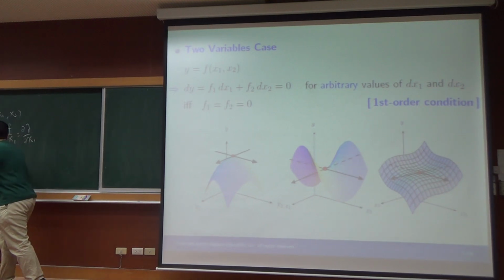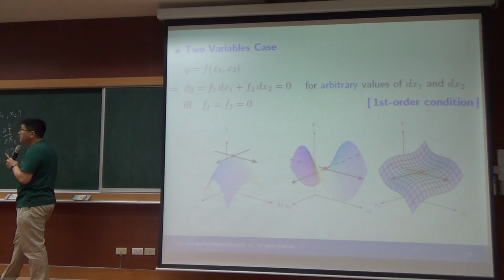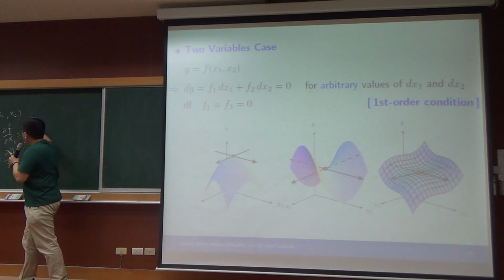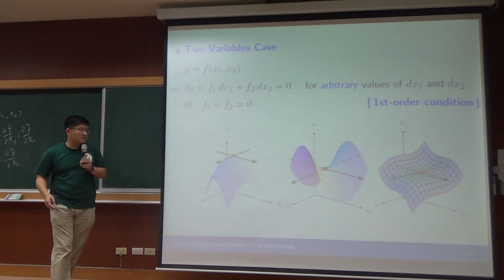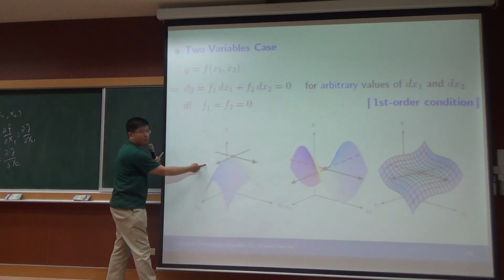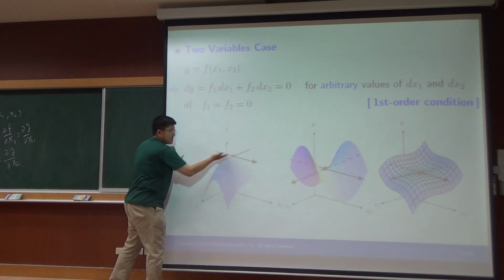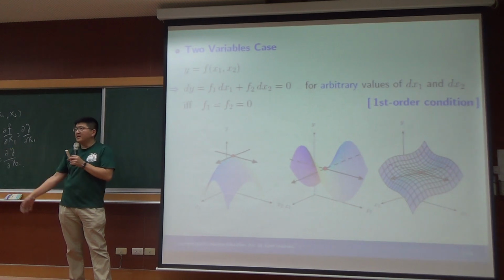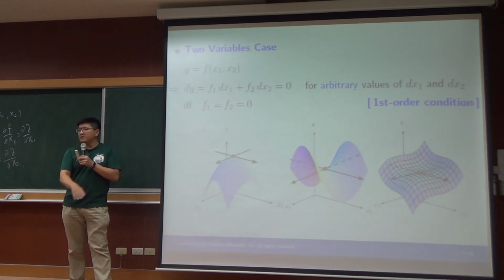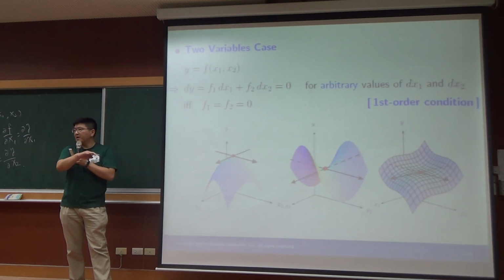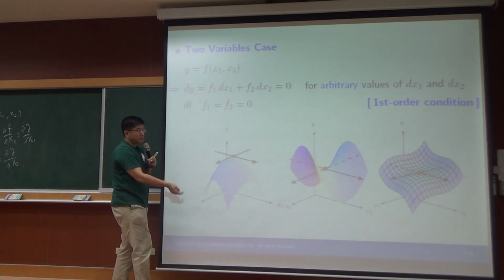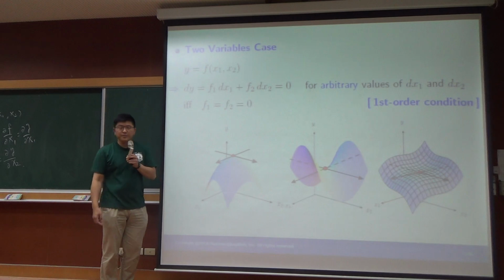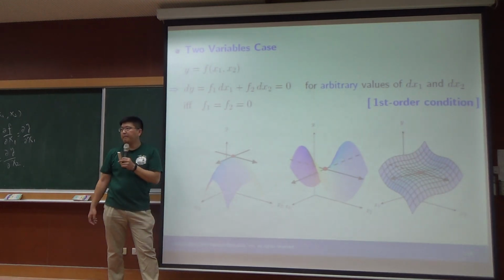And f2 is partial y, partial x2. So f1 is actually a slope along the x1 axis. And it's flat, it's horizontal. So its f1 value equals 0. f1 equals 0, f2 equals 0 corresponds to a maximum.